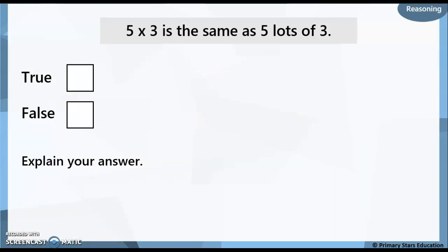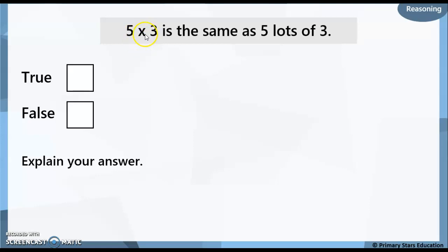Finally, we have some reasoning questions. It says 5 times 3 is the same as 5 lots of 3. True or false? Explain your answer. Now remember, when looking at this sign, it can mean times, groups of, multiplied by, or lots of.